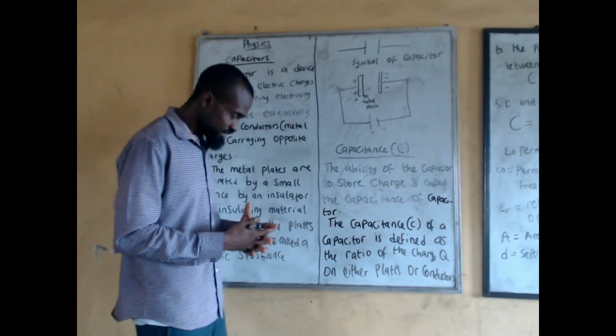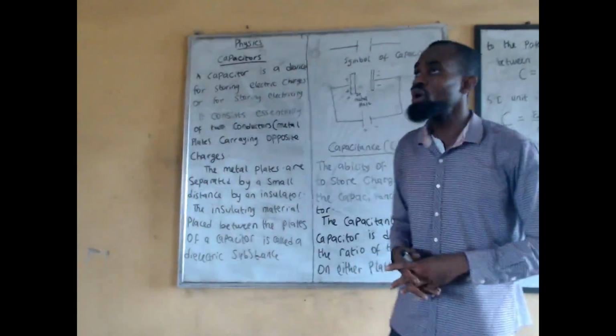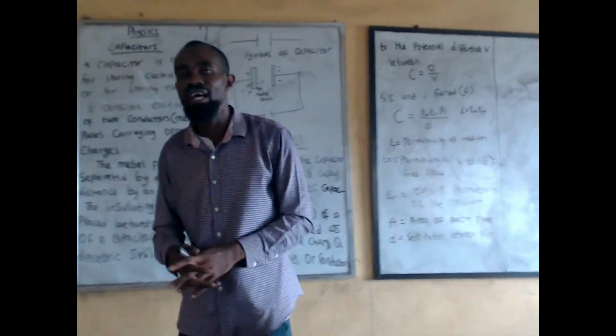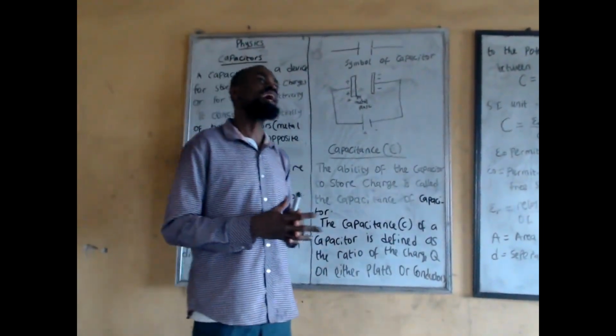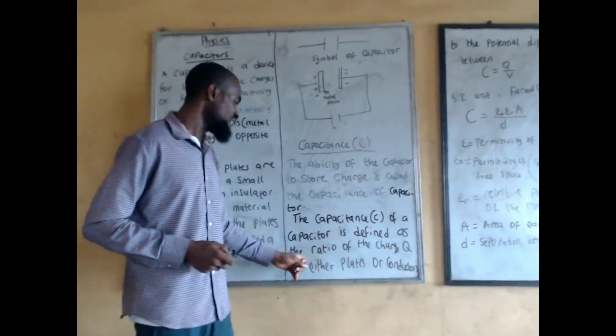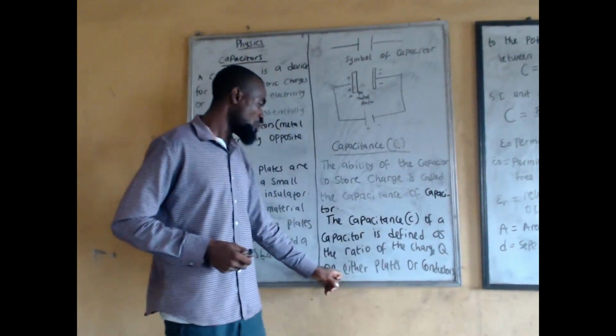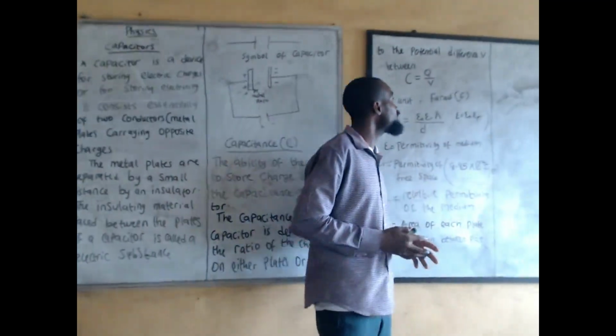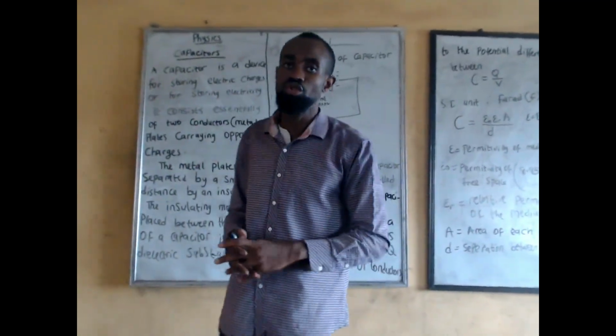Now, you can also see it from another angle. Capacitance of a capacitor is defined as the ratio of the charge on either plate to the potential difference across the two plates.